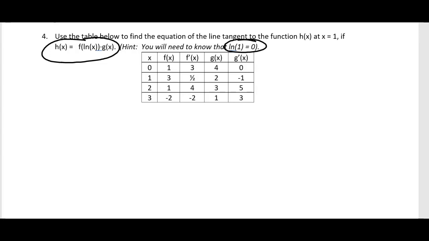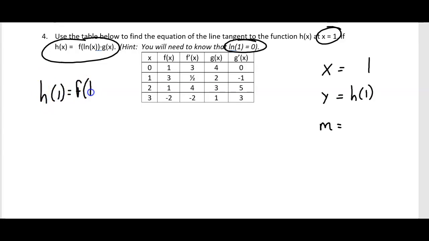Here we go. So if I want to find a tangent line, once again, I need an x, I need a y, and I need an m. My x value is given to me as 1. My y value, I can find that by plugging 1 into the h function. So h of 1 is equal to f of ln of 1 times g of 1.